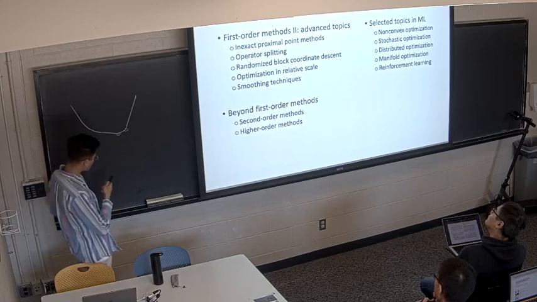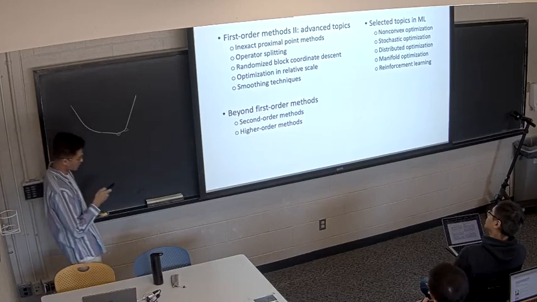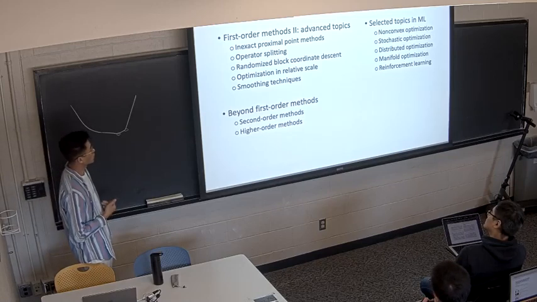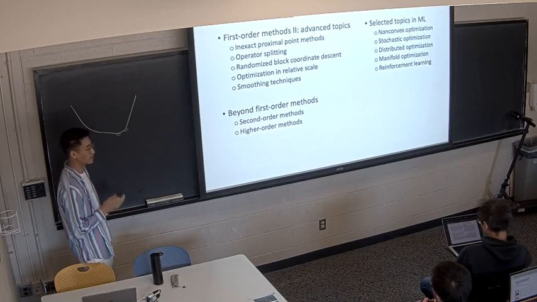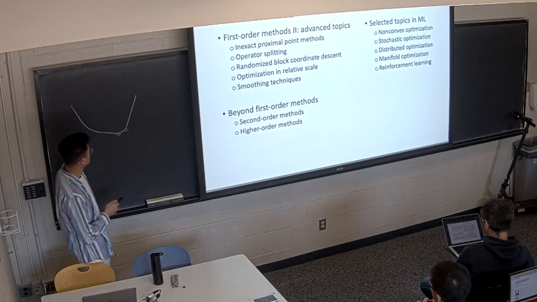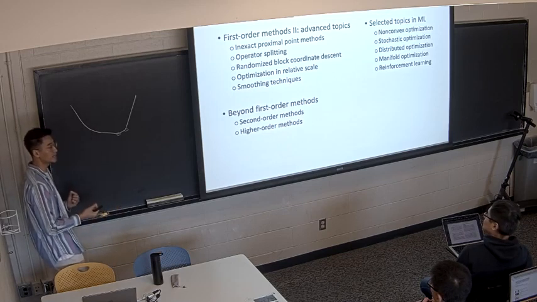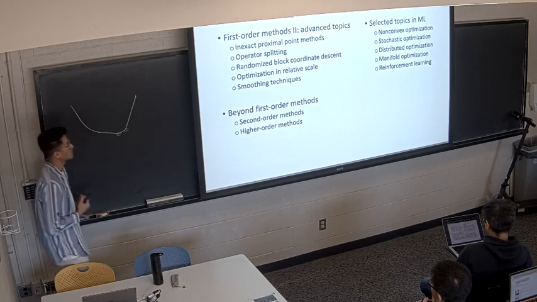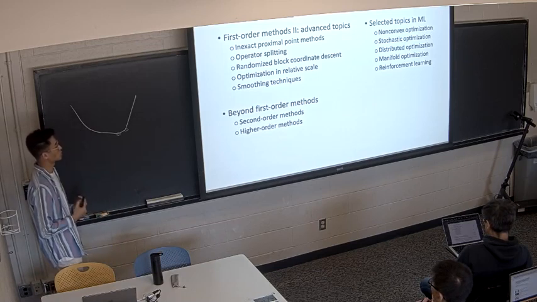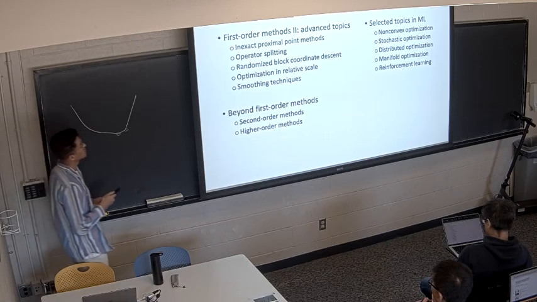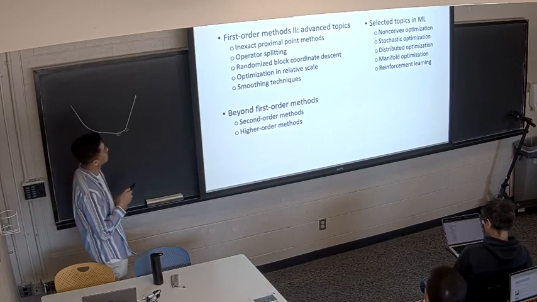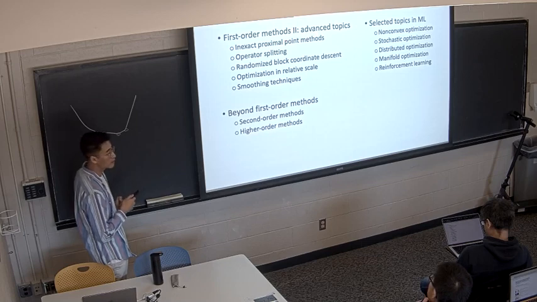So to handle this type of non-smooth optimization, usually we want to use the smooth ones we have developed before, and the smoothing idea is to turn a non-smooth one back into a smooth one, but you need to pay some price, and this will be taken into account in the complexity analysis. So these are the tentative topics that we want to cover for the advanced, more recent results in first-order methods.